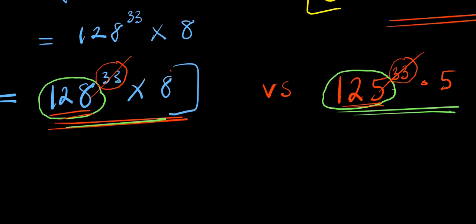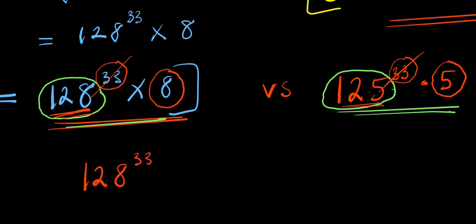Now here is times 8 and here is times 5. We all know that a number times 8 will be greater than a number times 5. Meanwhile, this base also is greater than this. So it is obvious that 128 to the power of 33 times 8 is greater than 125 to the power of 33 times 5.